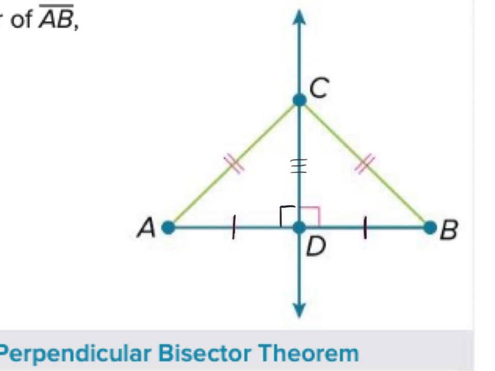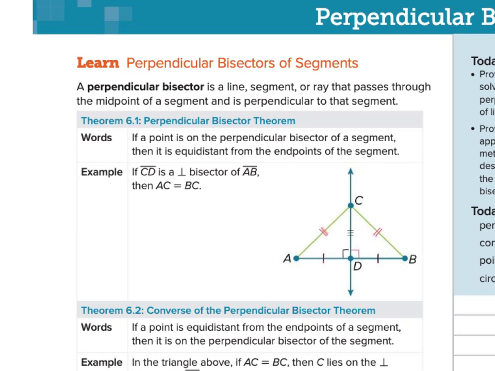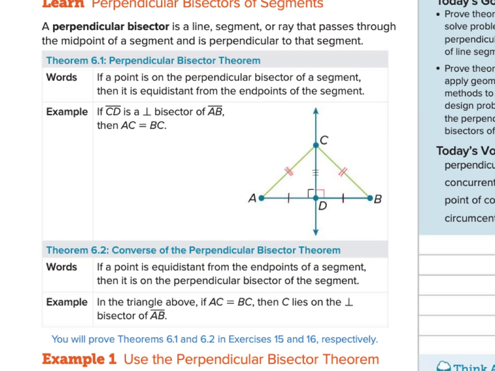If those two triangles are congruent to each other, then corresponding parts of congruent triangles are congruent, and therefore I would know that the hypotenuses would be the same. So by understanding that perpendicular bisector theorem, we can now determine a lot of things using corresponding parts based on some of the rules that we've already learned.